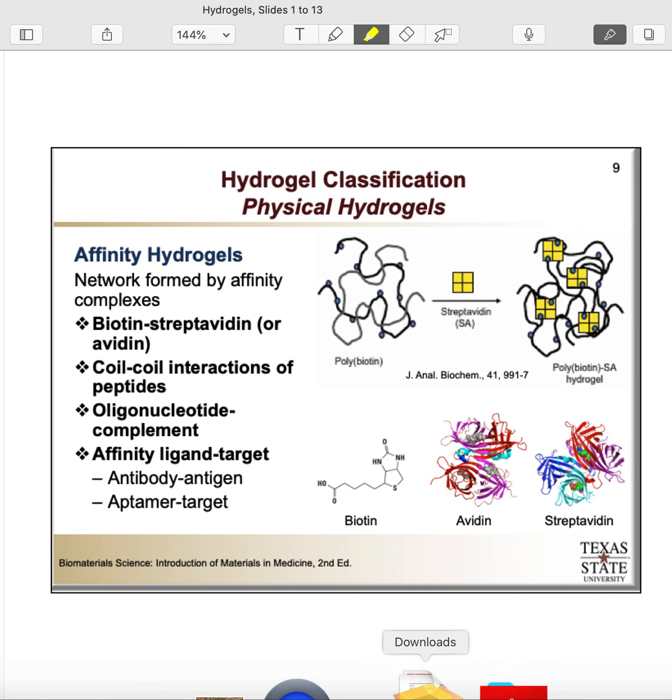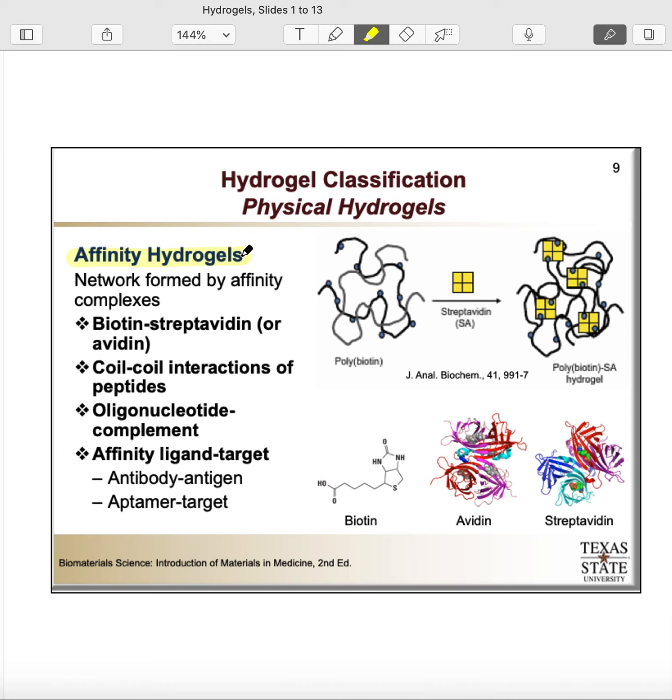The next type of hydrogels are those that are made from affinity interactions, meaning that we have molecules that have a high binding affinity for one another. That affinity might be a result of having the right size, the right shape, the right chemical conformation that enables very specific interaction between the target and the affinity molecule.